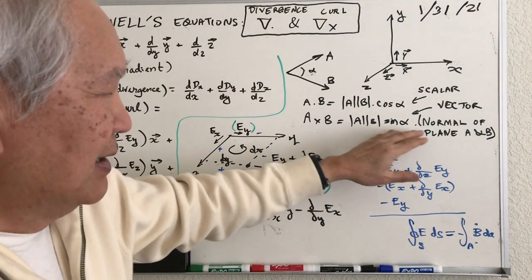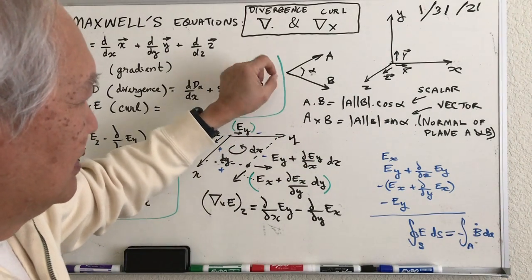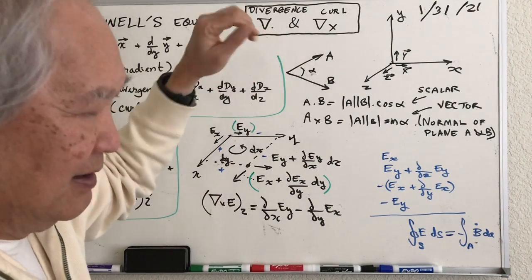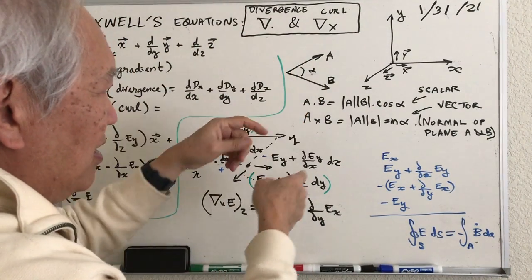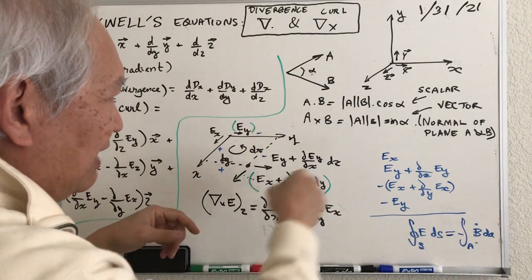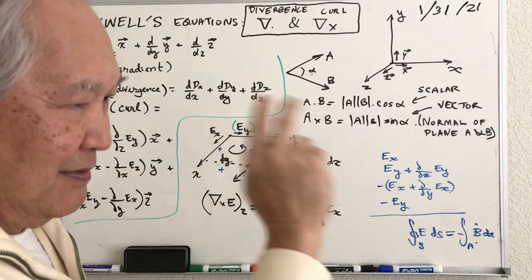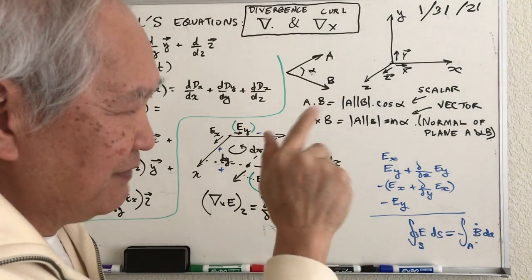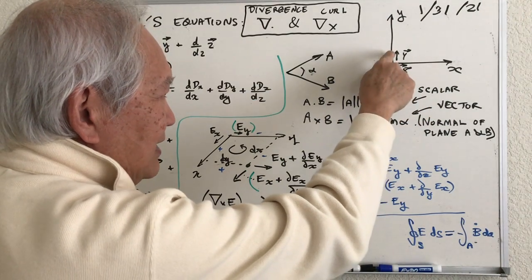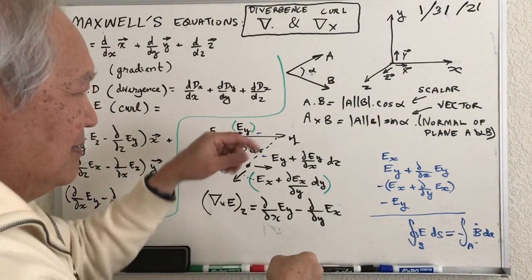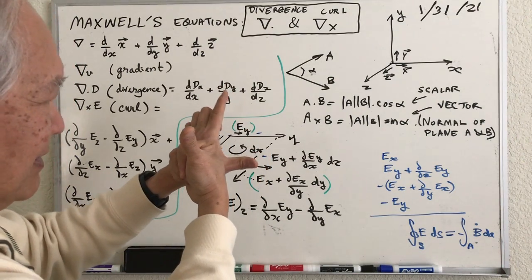It is in the direction perpendicular to the plane defined by the two vectors A and B, but with the direction that follows the right hand three fingers rule: if you multiply x by y, you get z, meaning x is here, y is here, then z will go out like this, right?